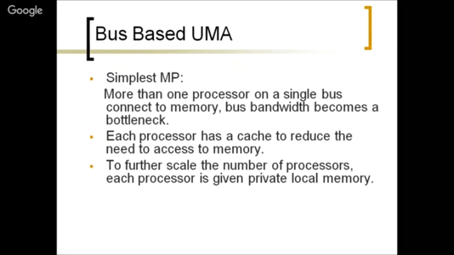As I said, in UMA the memory is accessible to all. If we have a number of processors and every processor tries to access that memory, a memory contention problem will arise. To avoid that, in UMA each processor is provided with some cache memory.